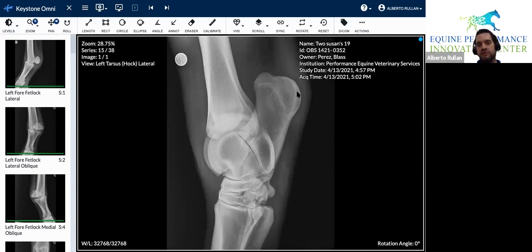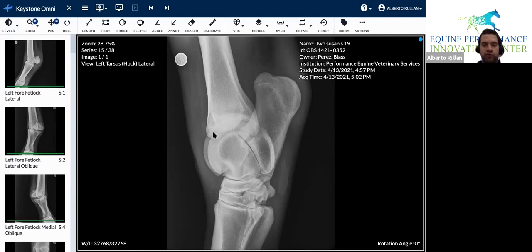We get the talus, then we get the sustentaculum tali over here. Then we get the talocalcaneal joint, not a fracture, talocalcaneal joint. Very seldom I see problems with this joint, and if I've ever seen a problem with the joint, it has been diagnosed on an MRI, more so than a radiograph.